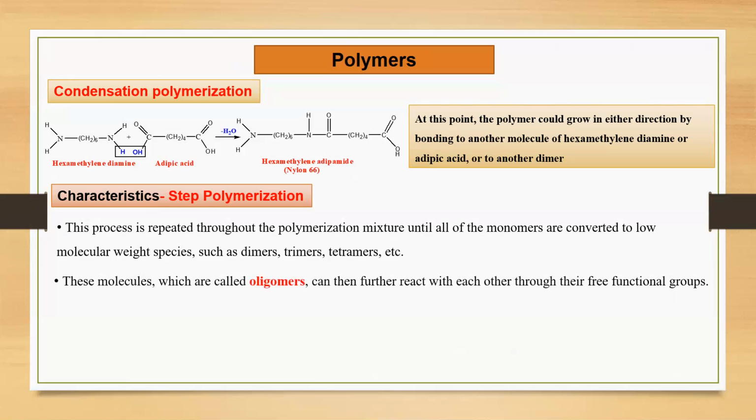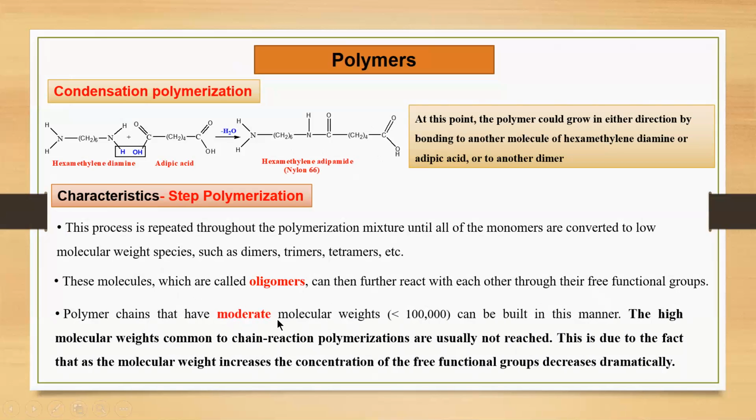These molecules are called oligomers. In the previous lecture also I mentioned that when 2, 3 or 4 monomers unite together, they result in smaller units that are oligomers. These oligomers can then further react with each other through their free functional groups to result in larger polymers.